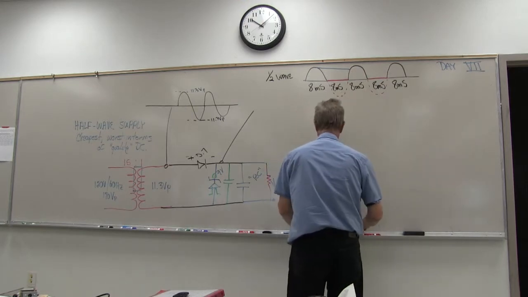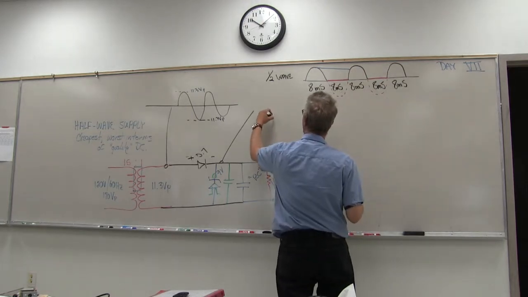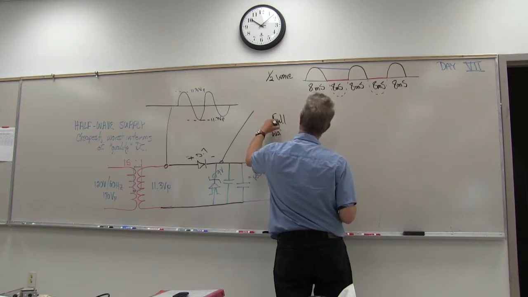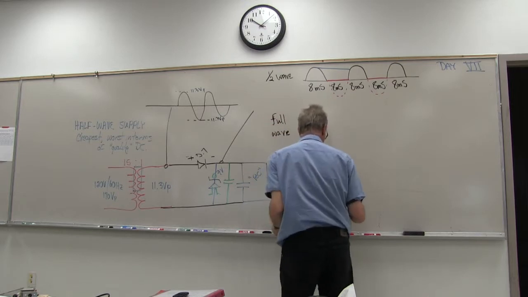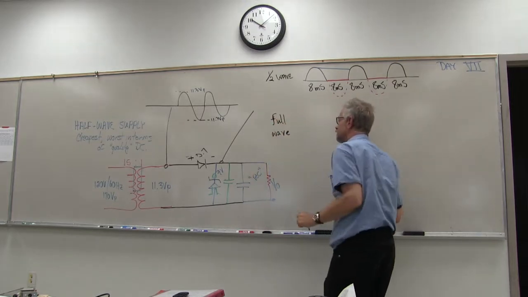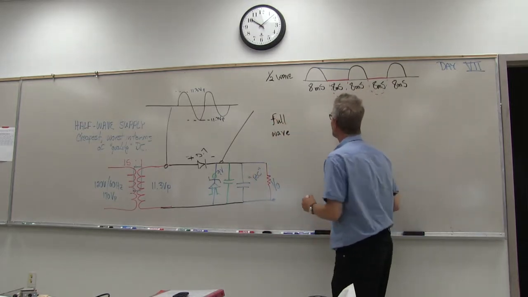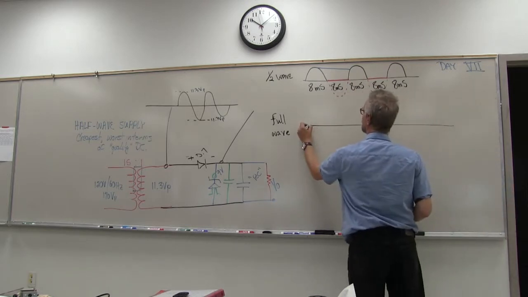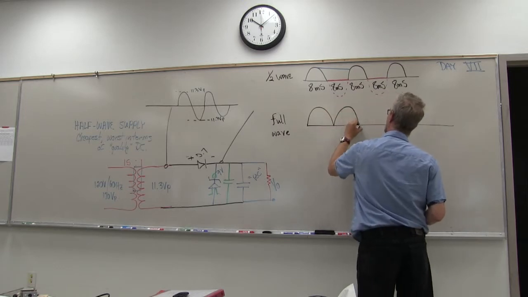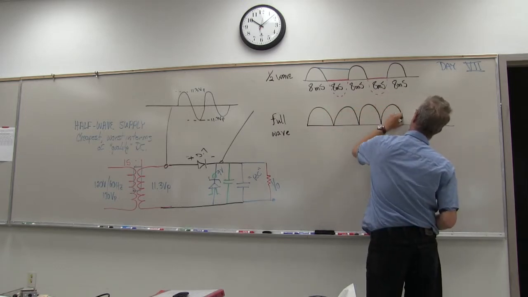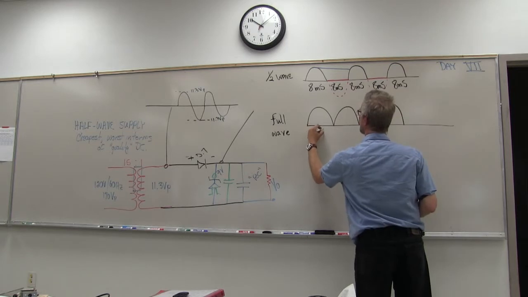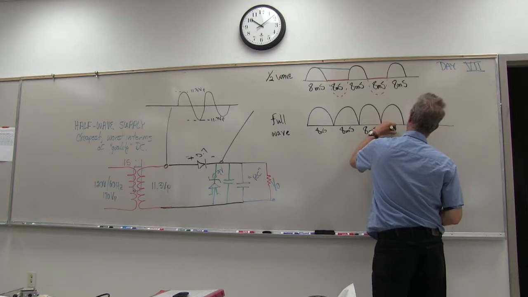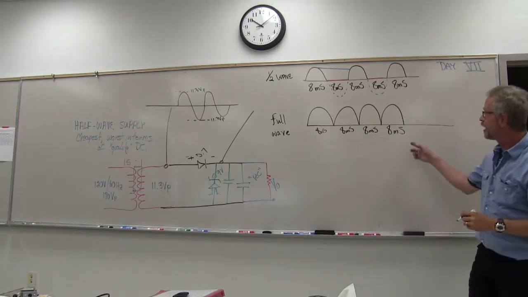Now tomorrow or next week or whenever we all decide to meet up together, we're going to add a diode to our power supply and make a few other changes, and we're going to end up with something like this, where we're going to use both halves of the waveform, 8 milliseconds, 8 milliseconds, like so.